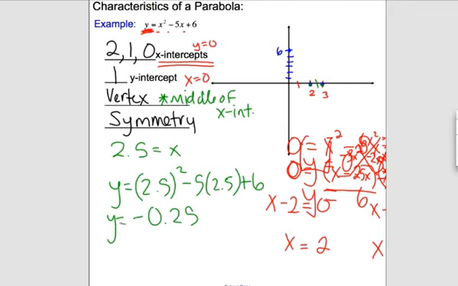That's the y value at my vertex. So my vertex is the point at 2.5, comma, negative 0.25. Remember, we got the 2.5 because it's in the middle of my x-intercepts, and the negative 0.25 by plugging in that number. So now I have that point.